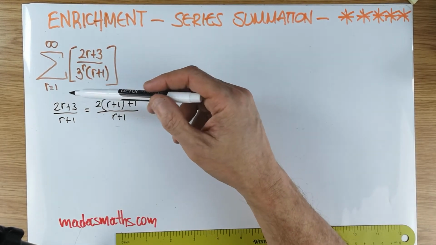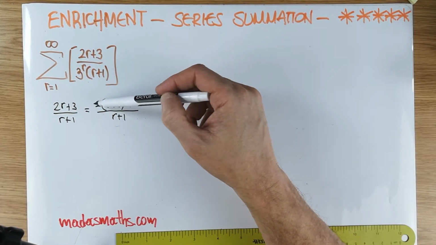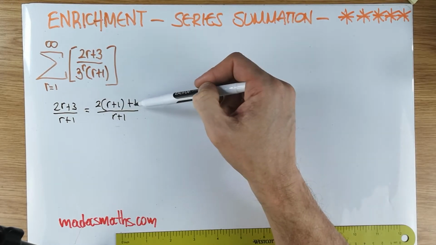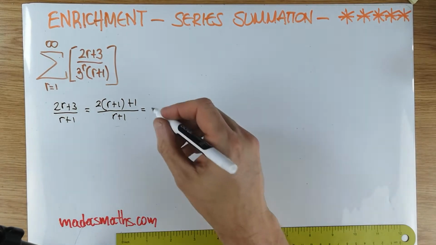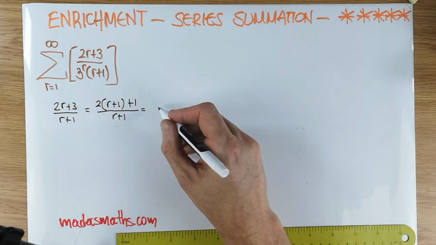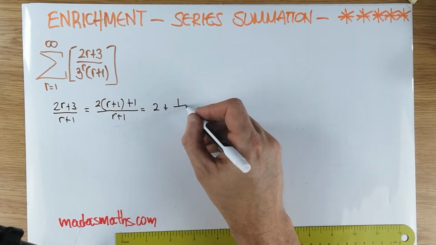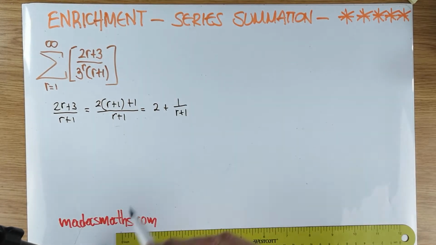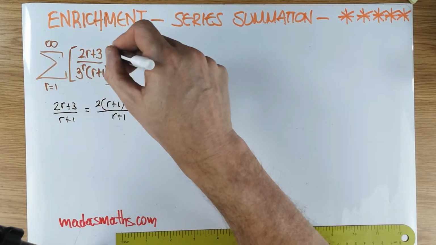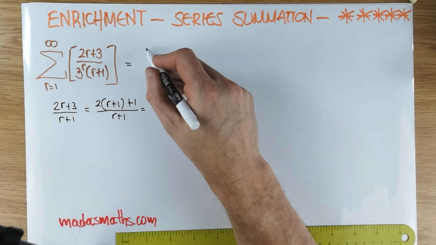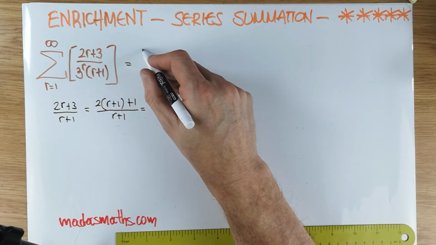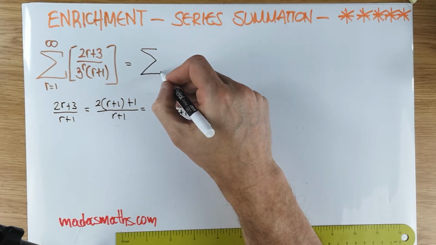So what I've done is I balanced, that's the 2r there, plus 2 plus 1 is 3. And of course, this will allow me to split the fraction, that divided by that, which gives me 2 plus 1 over r plus 1. So when I write my sigma now, I can actually write it as two separate sigmas.